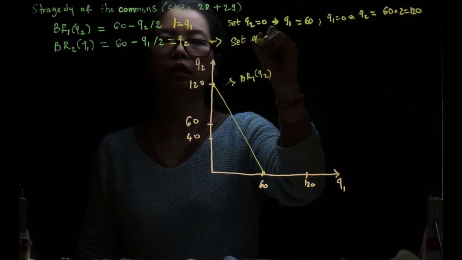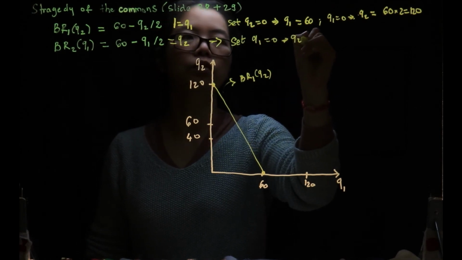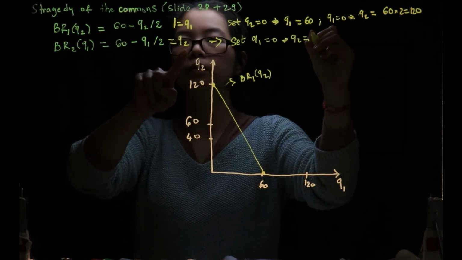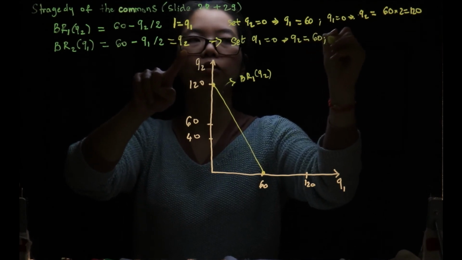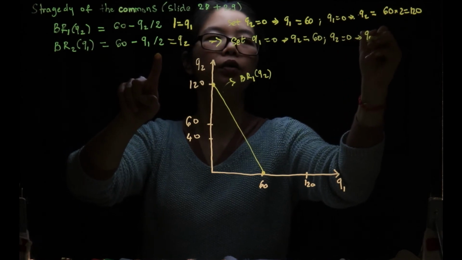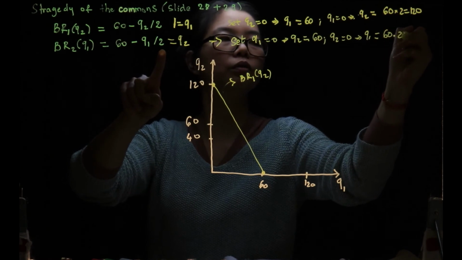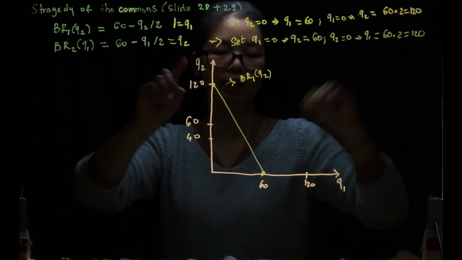First I set q1 equals 0, then q2 would be 60 also, right? And then I set q2 equals 0, then q1 would be 60 times 2 equals 120.